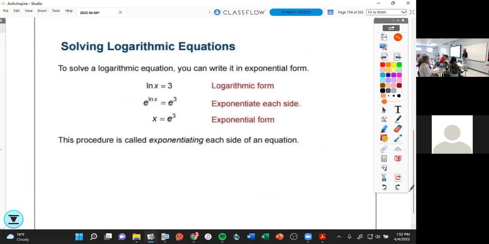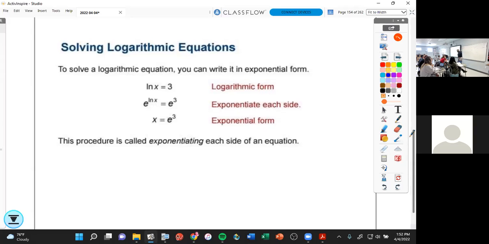To solve a logarithmic equation, you can write it in exponential form. Natural log of x equals 3, that is logarithmic form. e to the natural log of x equals e cubed, that's to exponentiate both sides. Did I skip a problem? No, that's just showing you how to solve it. So the original problem is natural log of x equals 3.